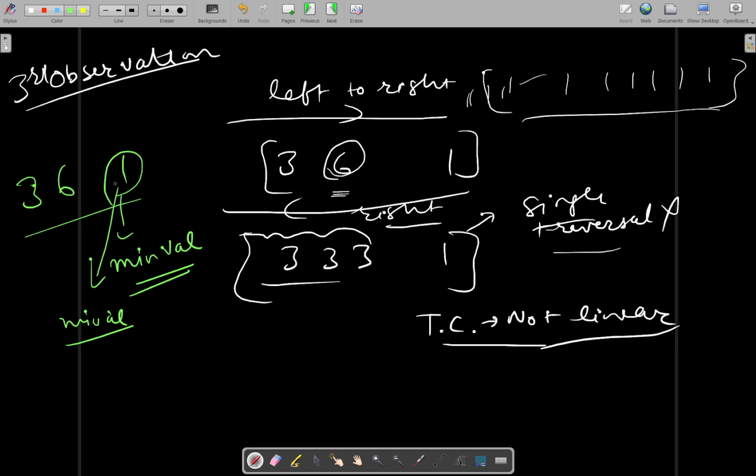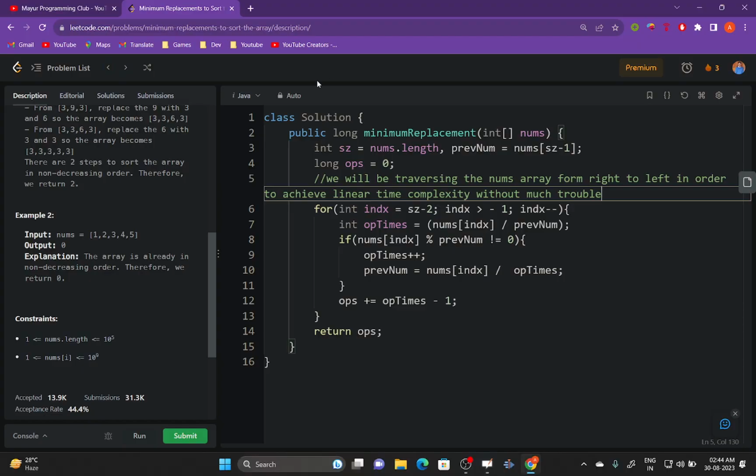So they can be greater. I don't think it will be feasible. So I think this is the better option, to go from right to left. That's why we are taking this particular direction, traversing the array in right to left order.